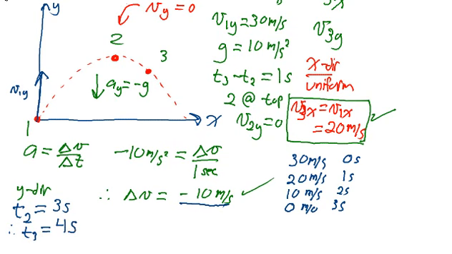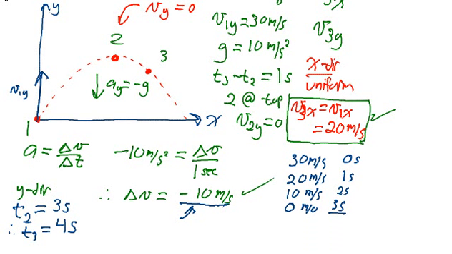So the velocity decreases in the y direction at a steady rate of 10 meters per second per second. So it takes 3 seconds for the velocity to decrease from 30 to 0.